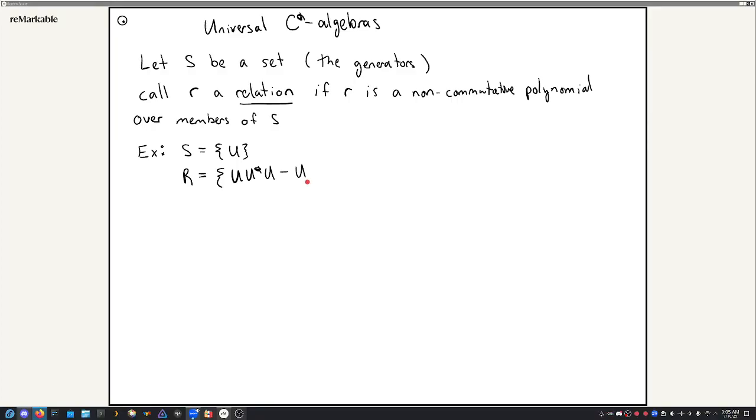So in a C-star algebra, this would be 0 if U is a partial isometry. And I could have the relation U star U minus U star. And what we're going to do is look at C-star algebras which contain elements U which satisfy that both of these polynomials are 0.